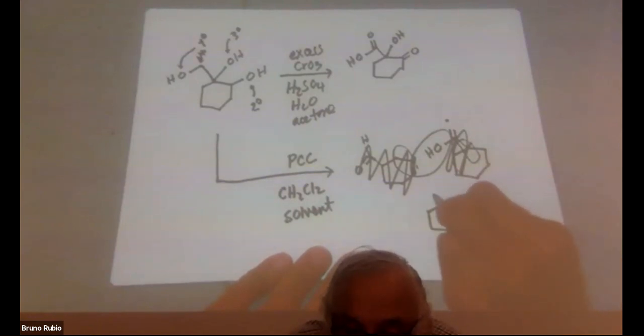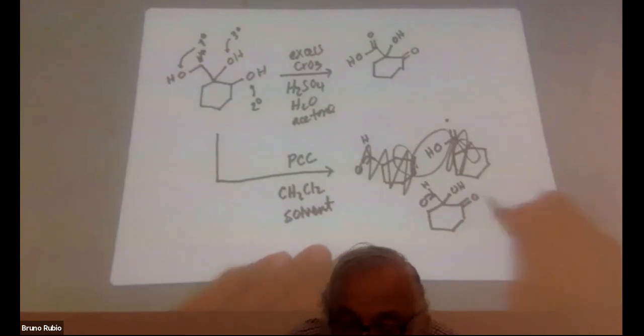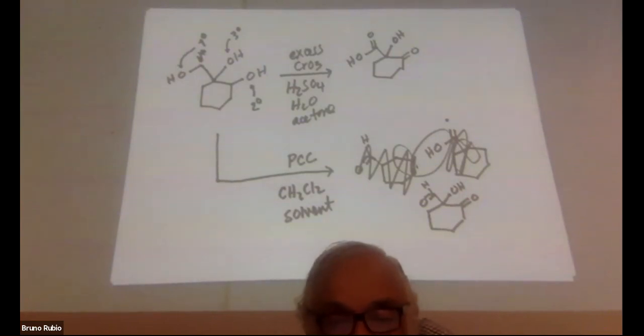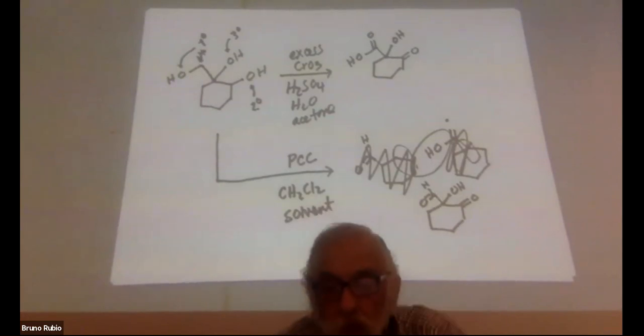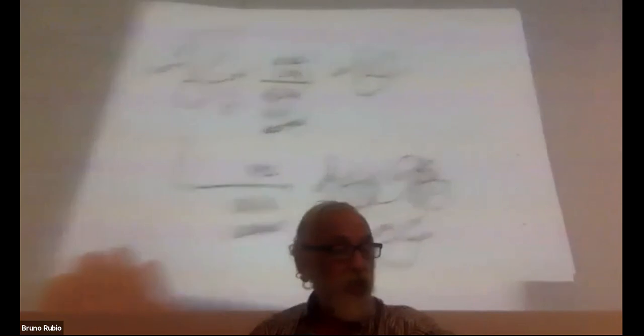Okay, get it right this time. That becomes an aldehyde. Tertiary alcohol, nothing happens. Secondary alcohol is oxidized to a ketone. Okay, so that's the difference between these two reagents.